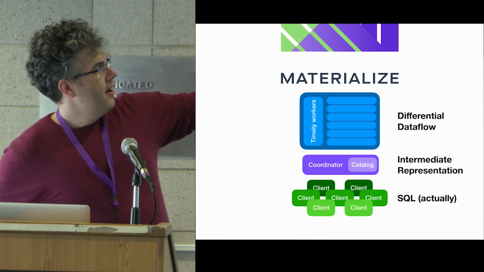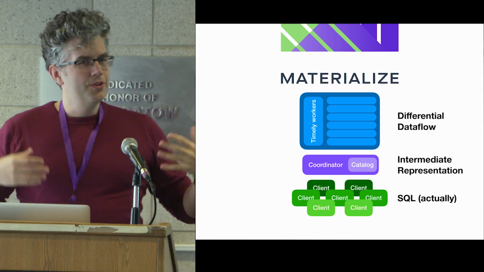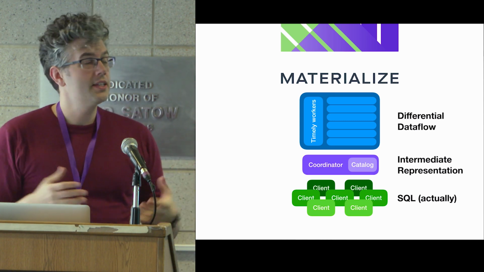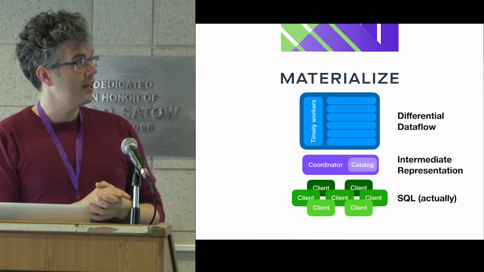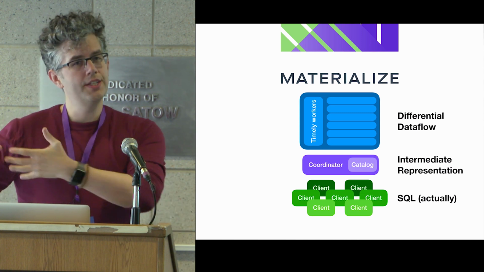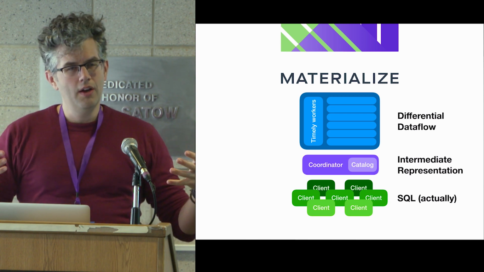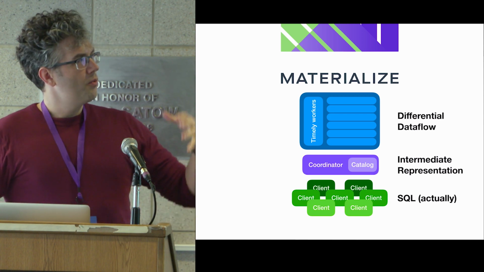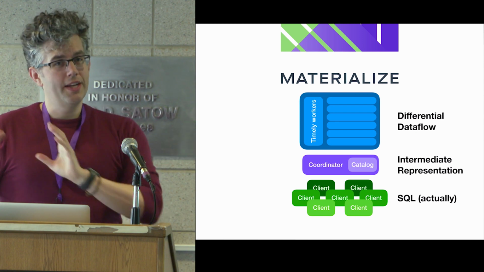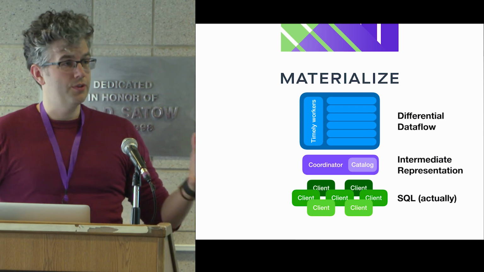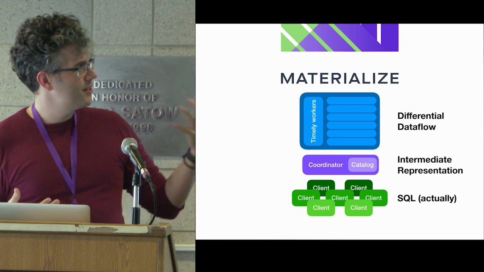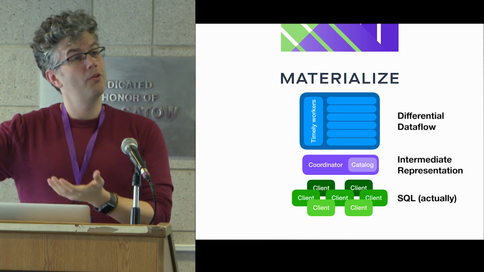But the intermediate representation that it then goes into, we do some standard database analysis at this point. The world is a little different in the streaming space. A lot of the analyses you would do in a database are targeting other performance characteristics than what we're worried about. So we're very worried, for example, about the standing memory footprint of these queries that we're going to install as dataflows. That's a thing that a database doesn't necessarily worry about too much because queries are ephemeral.